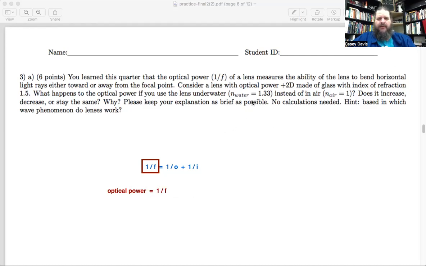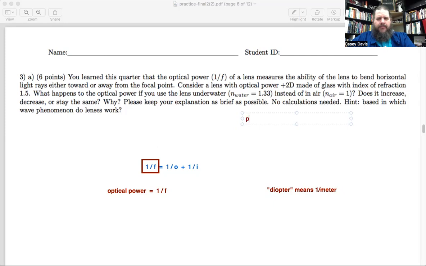So in this case, 1 over F is equal to plus 2D. And the diopters is 1 over meters or 1 over centimeters? I think it's 1 over meters. Yeah, 1 over meters. So diopter just means inverse meters. If the optical power is 2 diopters, you just invert that and convert 1 over diopters to meters.